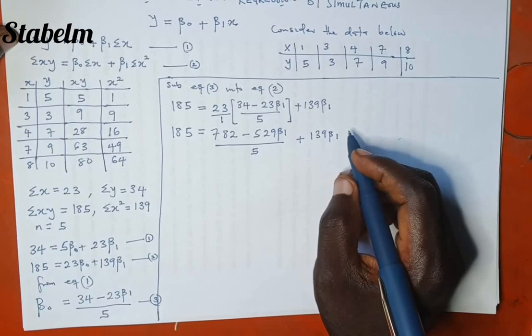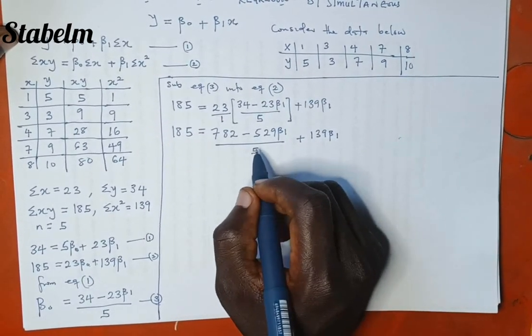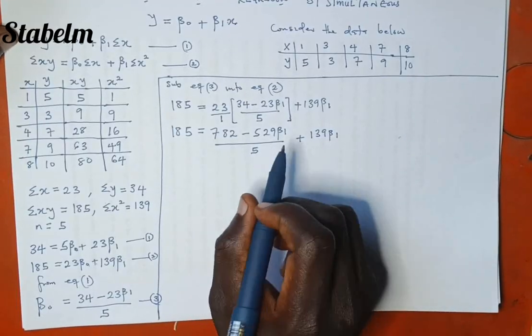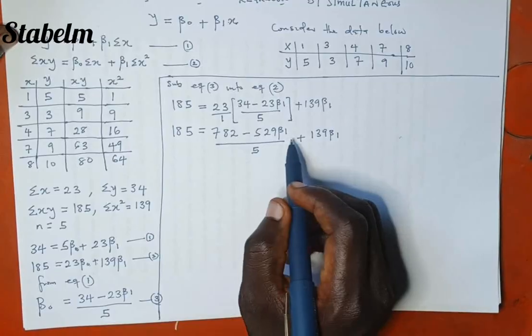If you want to get rid of this denominator, before then, let's take the LCM here.